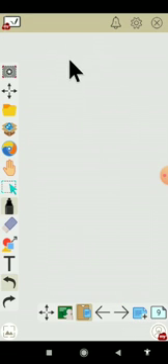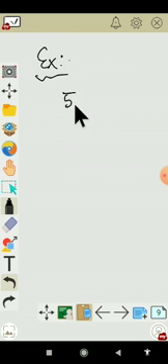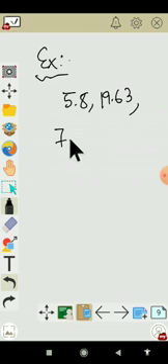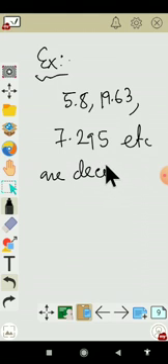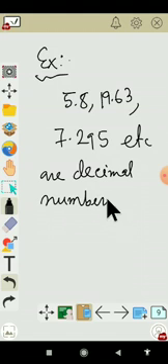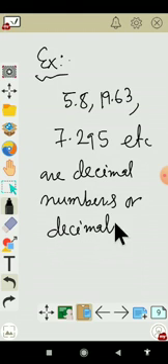Now some examples of decimals we have already seen. So 5.8, 19.63, 7.295, etc. are decimal numbers or decimals.